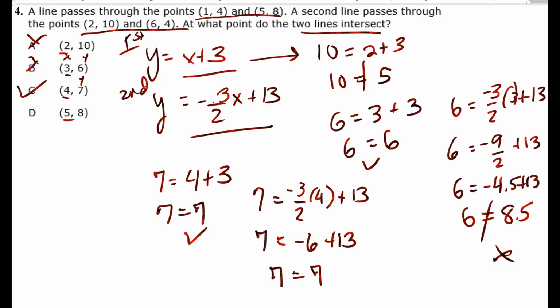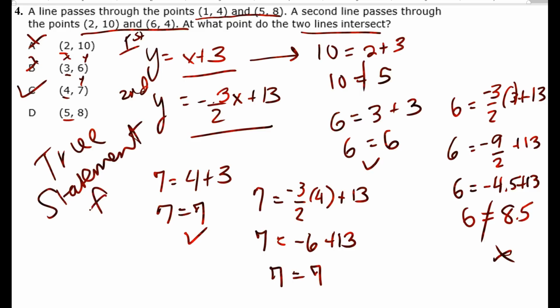So that is why that's the solution. You need to know that for tonight's quizzes. Plug it into each problem, and if you get a true statement for both, it's right. True statement for both.